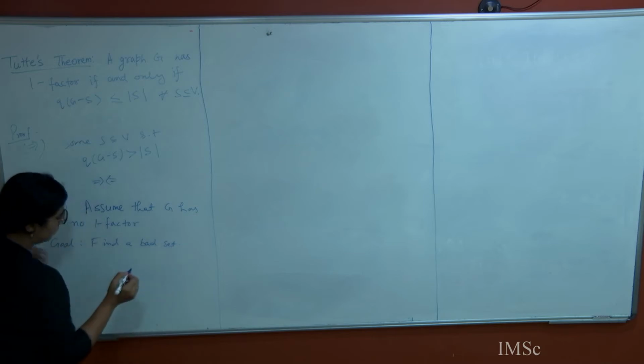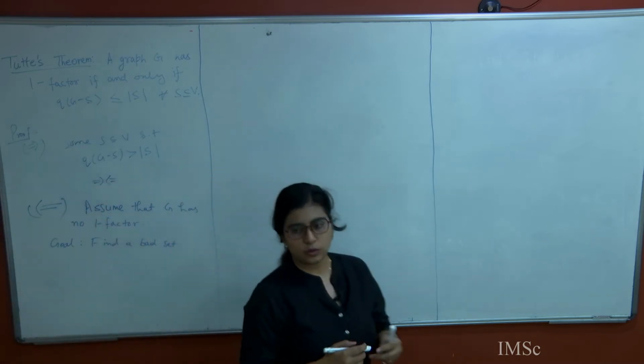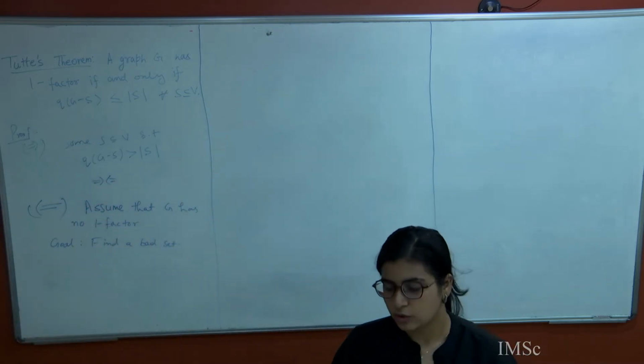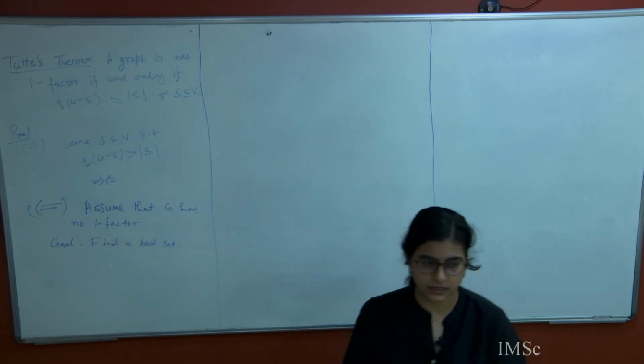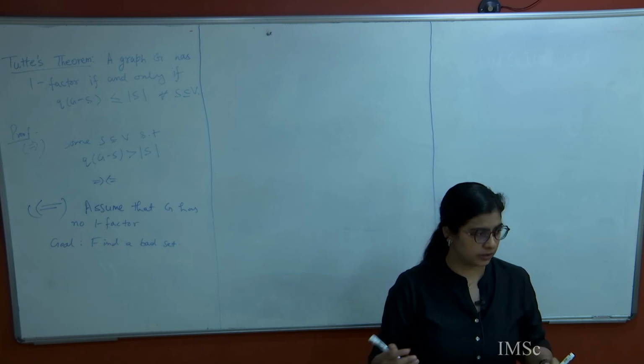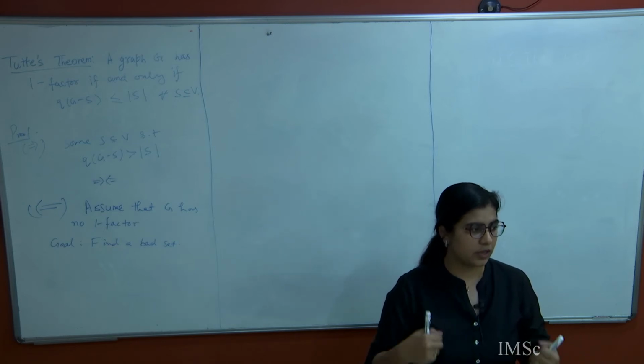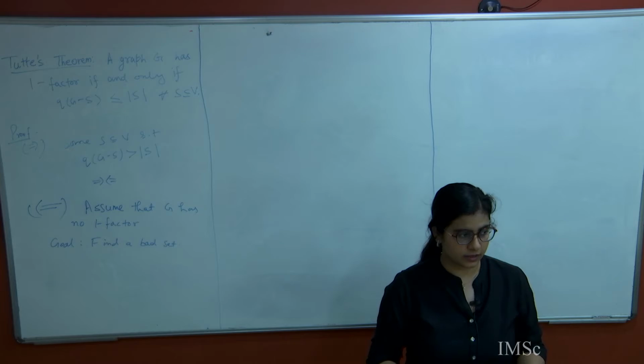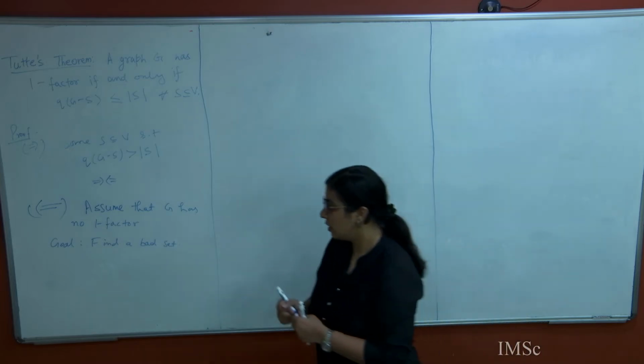What we said last time is that among all those graphs which fail Tutte's condition, we will choose the graph which has the maximum number of edges. So, an edge maximal graph which fails Tutte's condition. What does it mean?